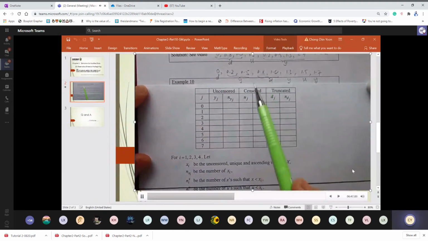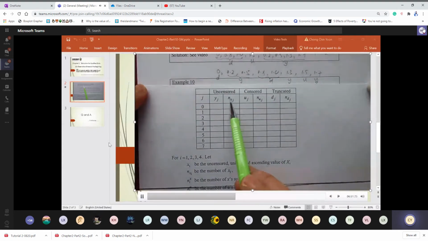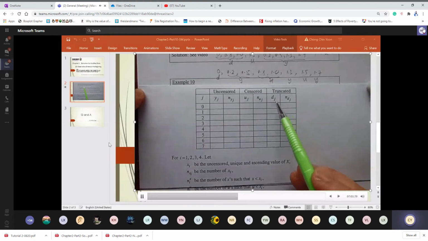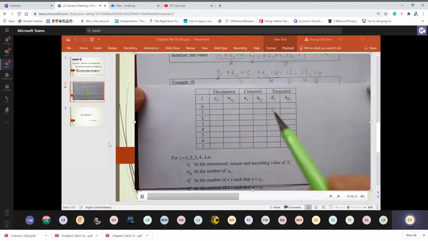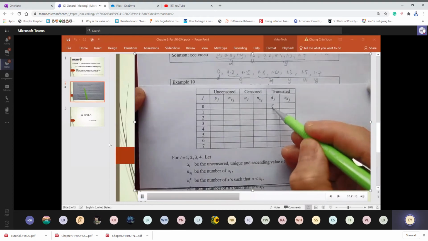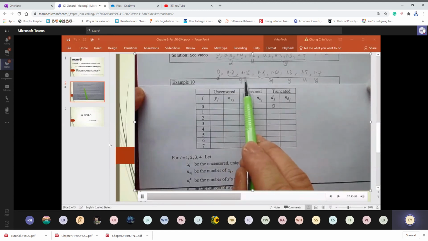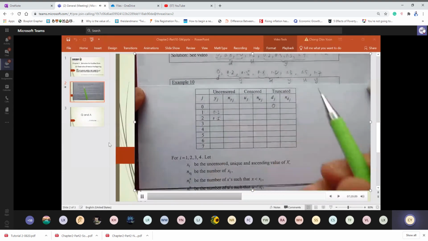Next, I need to plug all these ascending values into this table. Please note that nyj is the number of observations of yj, nuj is the number of observations of uj, and ndj is the number of observations of dj. So we plug in the first value here, and the second, 0.2 and 0.5, are for the y values.